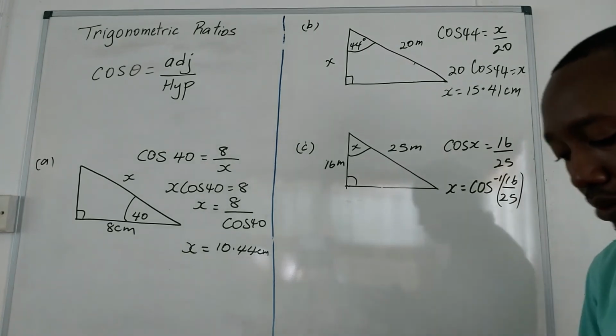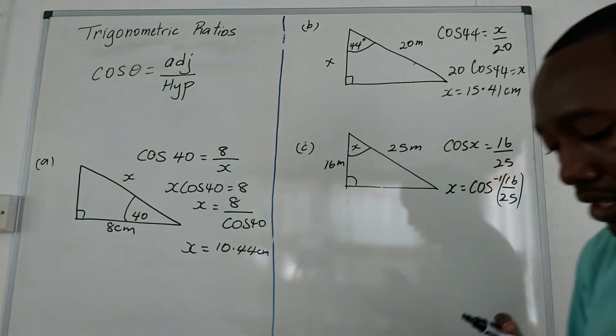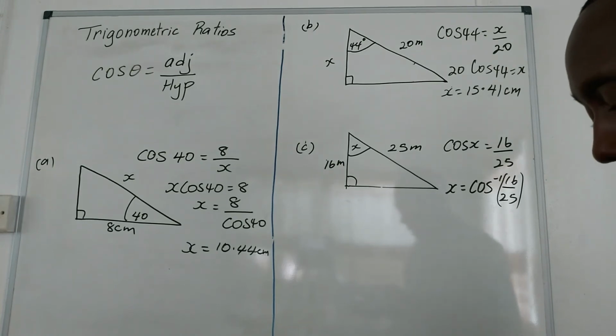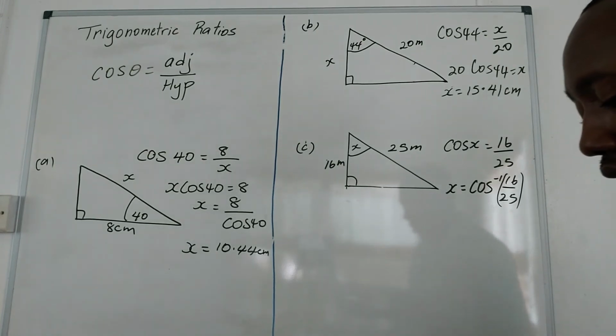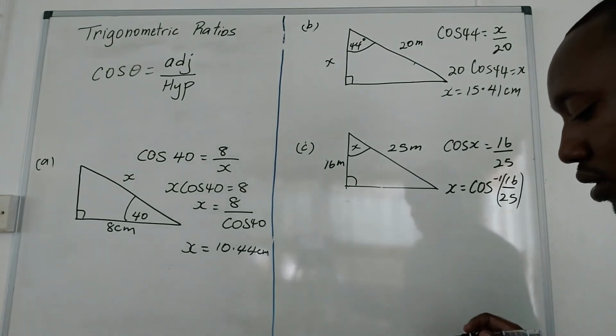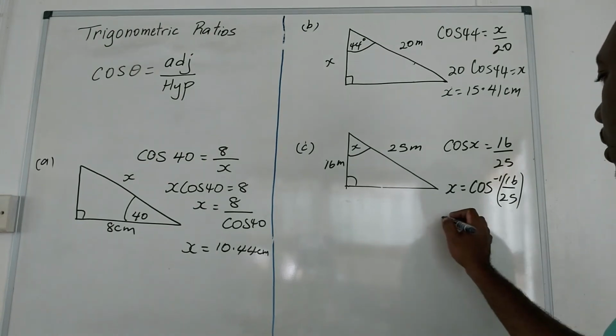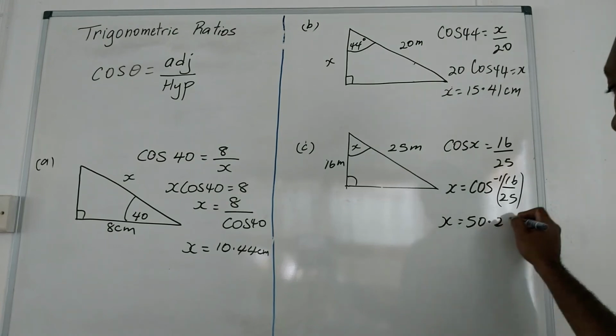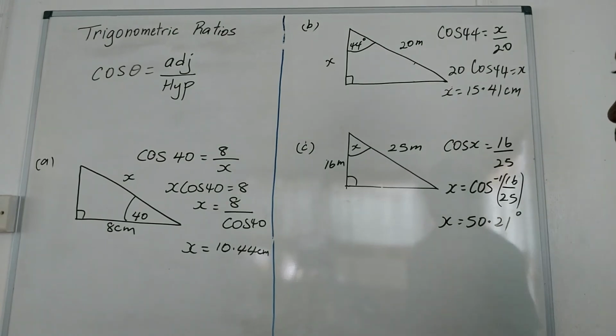Be careful that the calculator is in degrees and not radians. Equals 50.21. So x is equal to 50.21 degrees. All right, so that is how we get our angles or sides when we have cos.